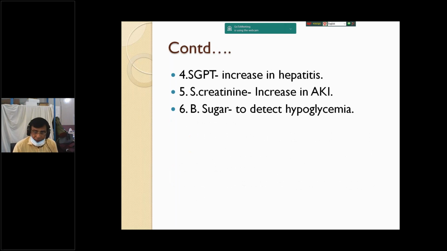And SGPT increases in case of hepatitis, and serum creatinine increases in AKI, and blood sugar, hypoglycemia can occur in cerebral malaria. So these are the investigations we can do for this patient.